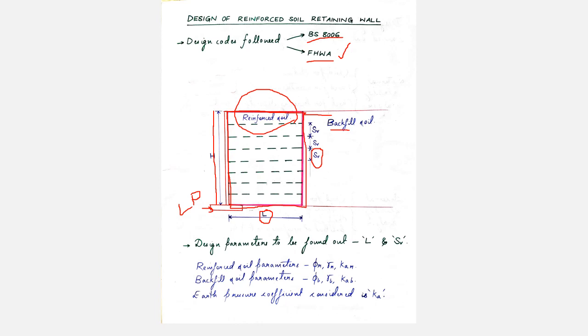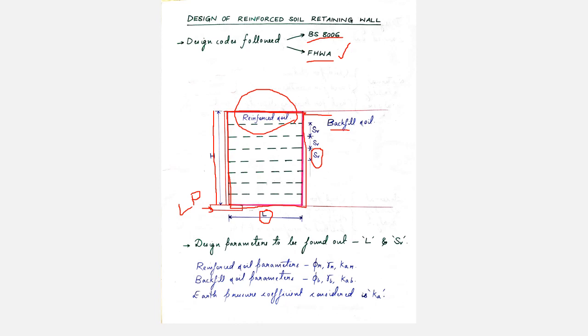Now, here you can see that I have used the coefficient of active earth pressure. The reason is that here we are talking about a reinforced soil retaining wall which is constructed using geosynthetic reinforcements, that is, it can either be a geotextile or a geogrid. These are polymeric materials, or we can call them flexible type of reinforcements.